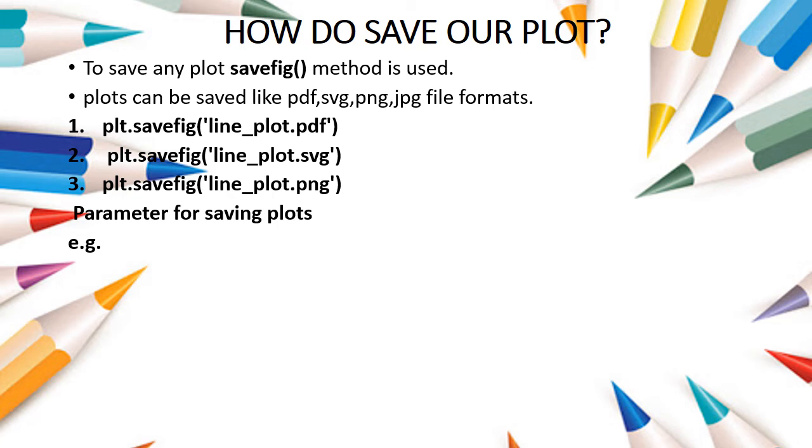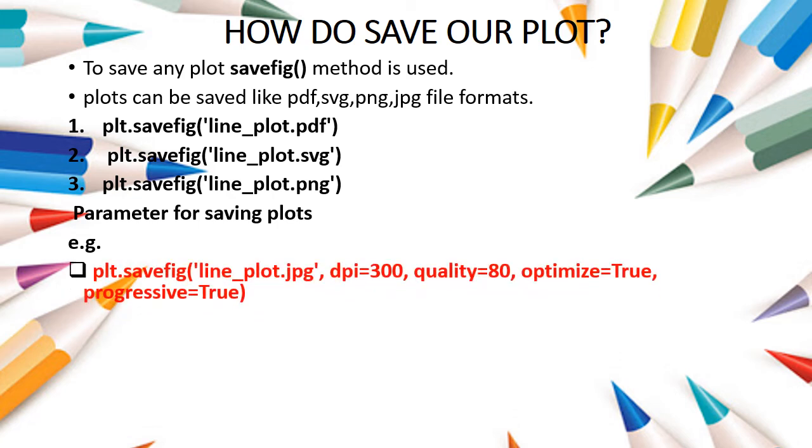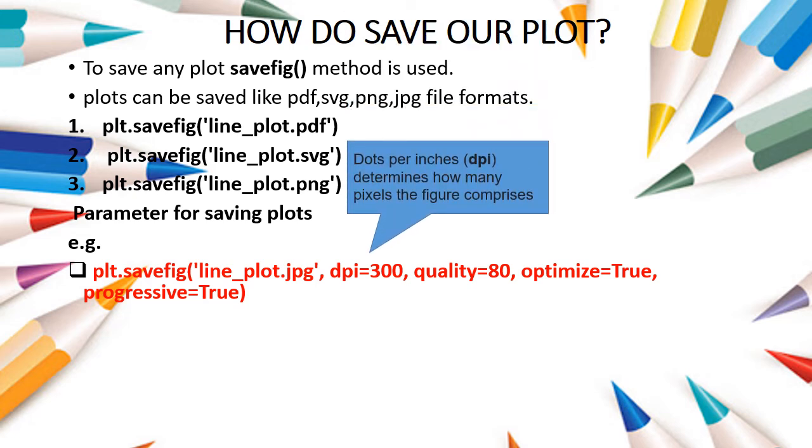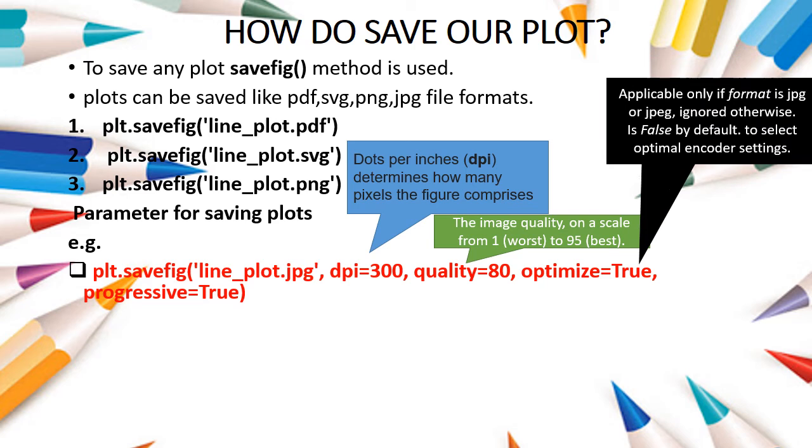And while you are going to save in JPG format, you can give these other attributes. DPI means dots per inch, which indicates the resolution of the picture. The default value is 100. And quality from 1 to 95, you can give for the best image quality. And optimize sets the encoder settings value.